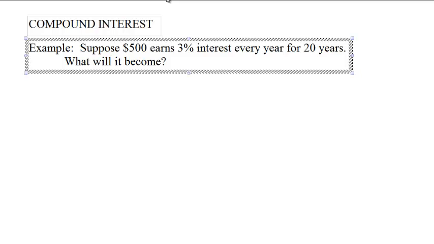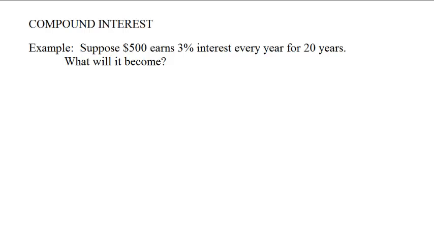I am ashamed to admit that once upon a time I thought that you had to do 20 steps on this. Now, first of all, at the end of the first year, we have the original $500, and then we get our interest. Woohoo, it's interest day. We get our 500 times 0.03.